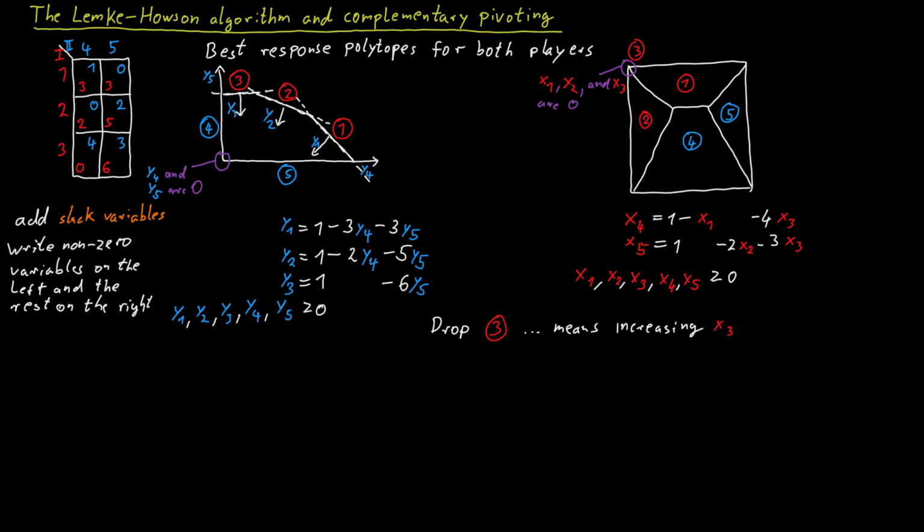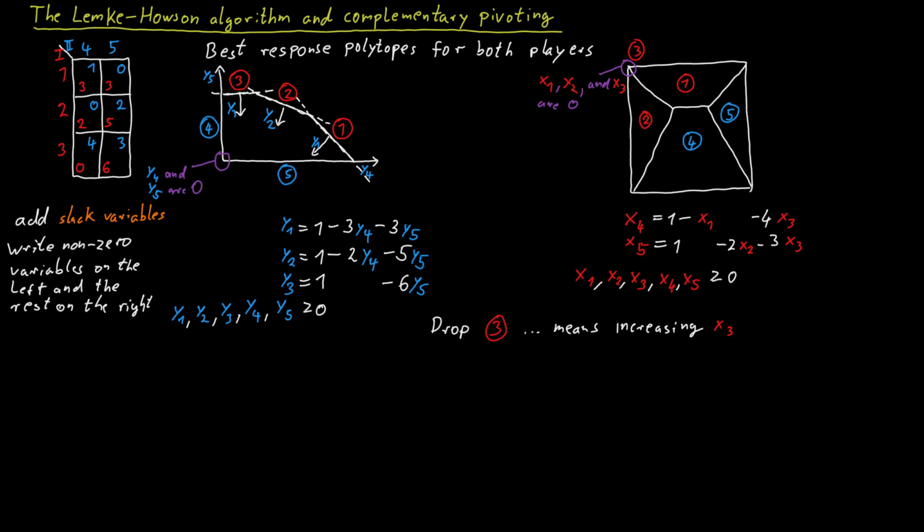When does this happen? I mean, maybe you can pause the video and try to look for it yourself. But it's actually quite easy. So we have these two equalities that involve x3. The first equality, which has x4 on the left side, has the property that the right side will become 0 once x3 is 1/4.